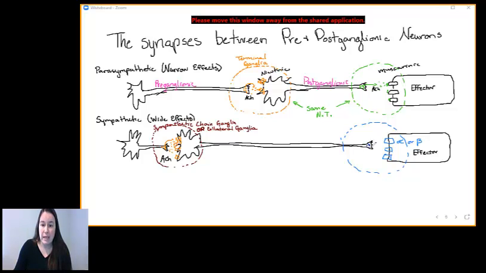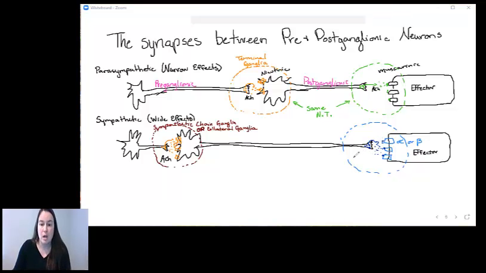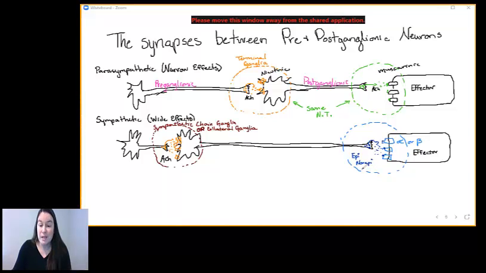So again, in the terminal arborizations the neurotransmitter gets released and diffuses across the synaptic cleft to bind to receptors, an alpha receptor or a beta receptor. Note, the common neurotransmitters used here are epi, norepi, or even a little bit of dopamine. Cool fact.